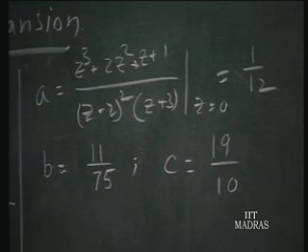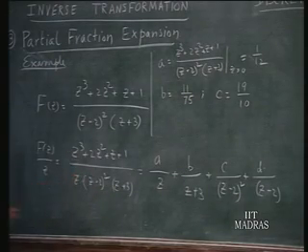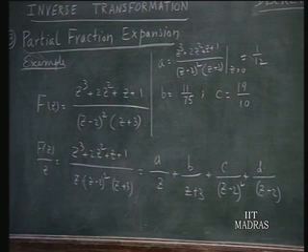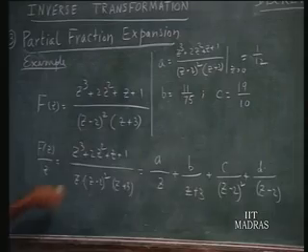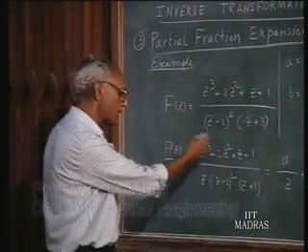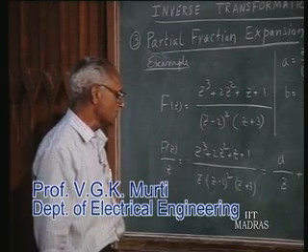To obtain D, you multiply this by (z minus 2) whole squared, take the derivative of the remaining function and take z equals 2, just as we have done in the case of repeated poles in the continuous time situation. In the Laplace transform case, whenever we have repeated poles, we said you multiply by (s minus a) whole square, take the derivative with reference to the variable and take its value at the pole.